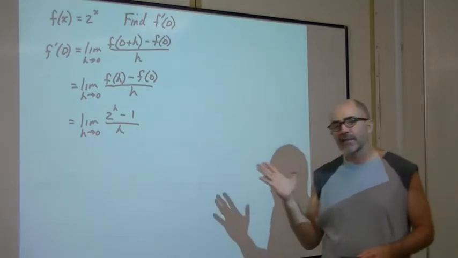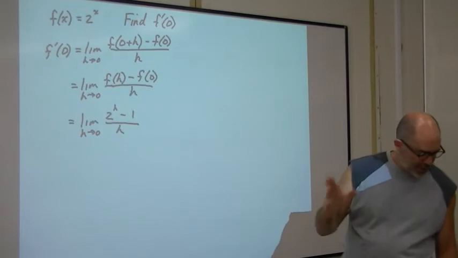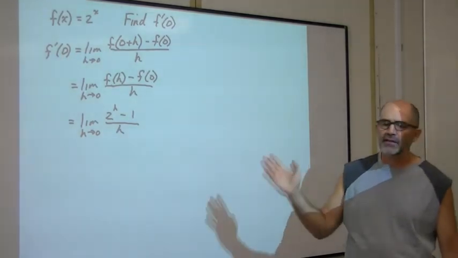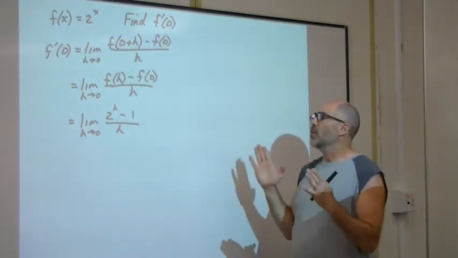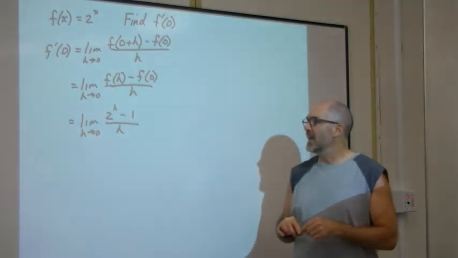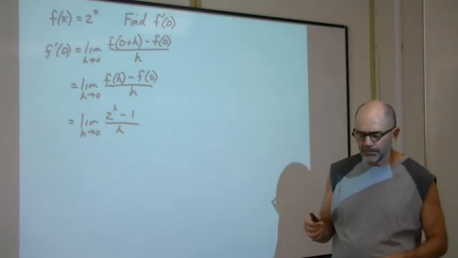Well, let's try it from the other direction. So we're going to go from the left of 0. Negative 1/10, negative 100th, negative 1,000th, negative 10,000th, and we end up approaching the same value. So what we just found out is that this limit actually equals approximately 0.693.